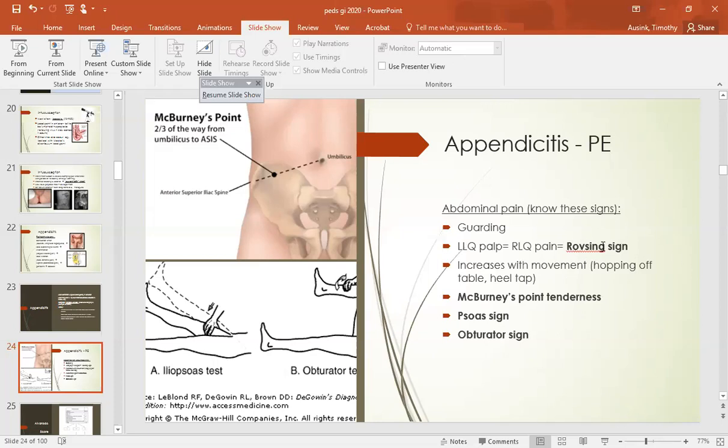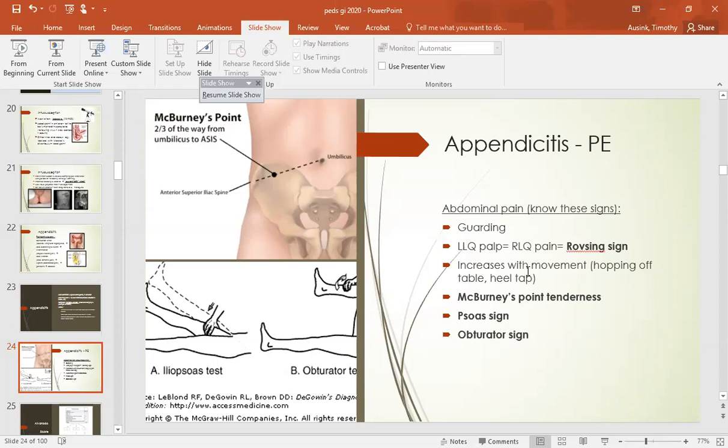The Rovsing sign is something that you need to know, and that's just when you push on the left lower quadrant and it causes pain in the right lower quadrant. McBurney's point tenderness, the psoas sign. A psoas sign is where you have the patient, which this is wrong because an appendicitis patient is never going to lay with their legs straight, but what you do is basically have them lift their leg and you put pressure against it, and it triggers the iliopsoas to fire, causing that to press on the appendix, causing pain.